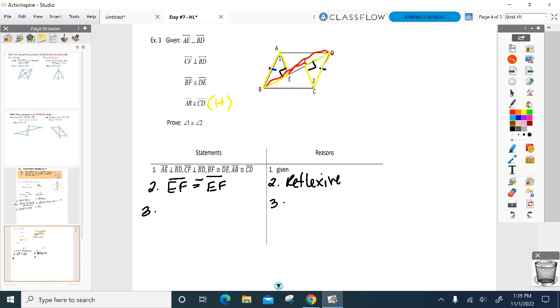All right. BF minus EF equals DE minus EF. Little subtraction. Good.